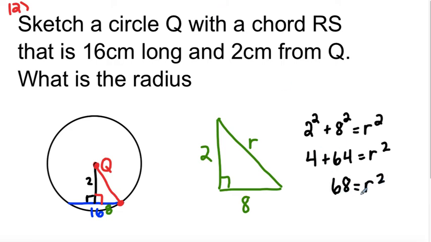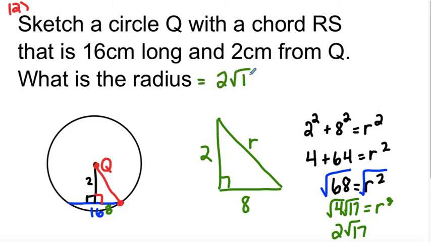Now, we do want to take the square root of both sides, and then I know that 4 goes into 68, okay? So 4 goes into 68, what is that? 17 times? Yeah. So 17 times. So r equals 2 root 17, and that would be my radius. So the radius would be 2 root 17.